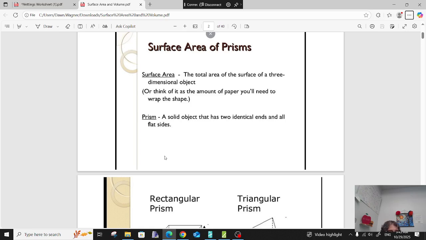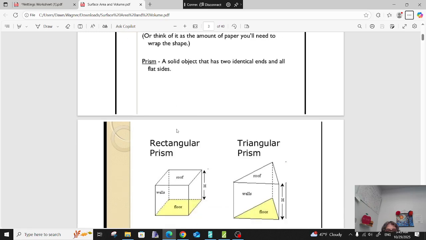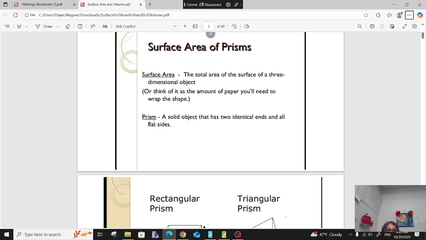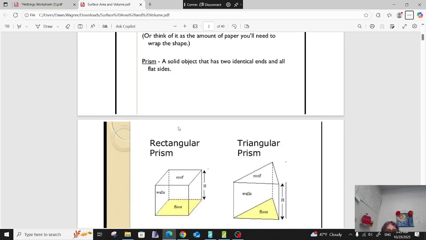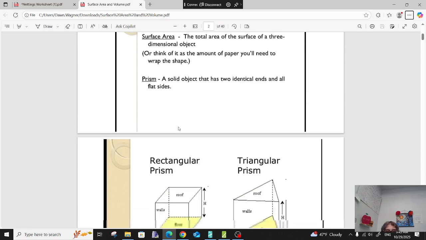A prism is a solid object that has two identical ends and flat sides. They are also parallel. That's not on here. You may want to write that. They are parallel. Underneath, next to prism, they are parallel.